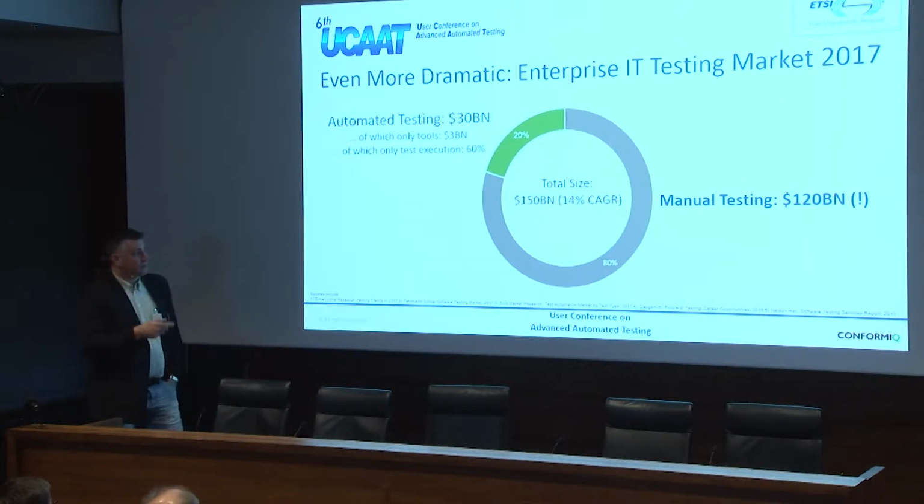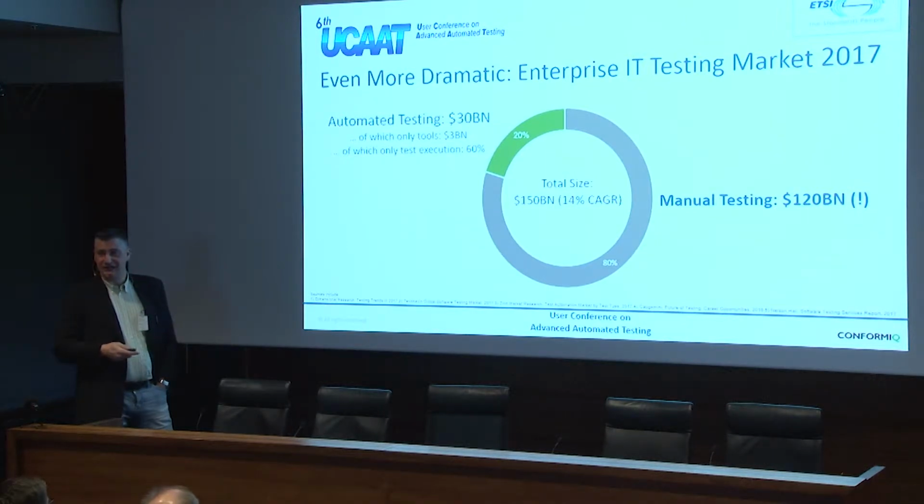And then when we look at the breakdown of where people spend their money, we see that, again, we get to this magic 80-20, right? So 80% of our testing expenses are made on manual testing, and when we come to automated testing, it's this 20%. We still have a lot of work to do.